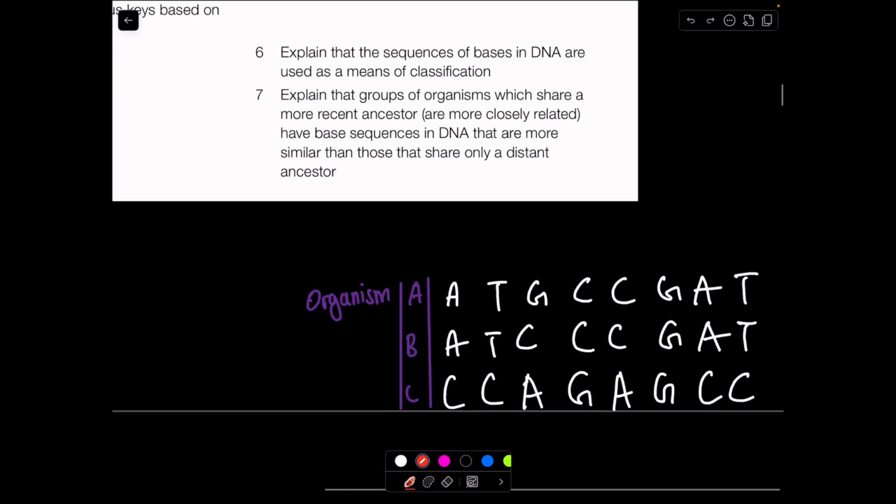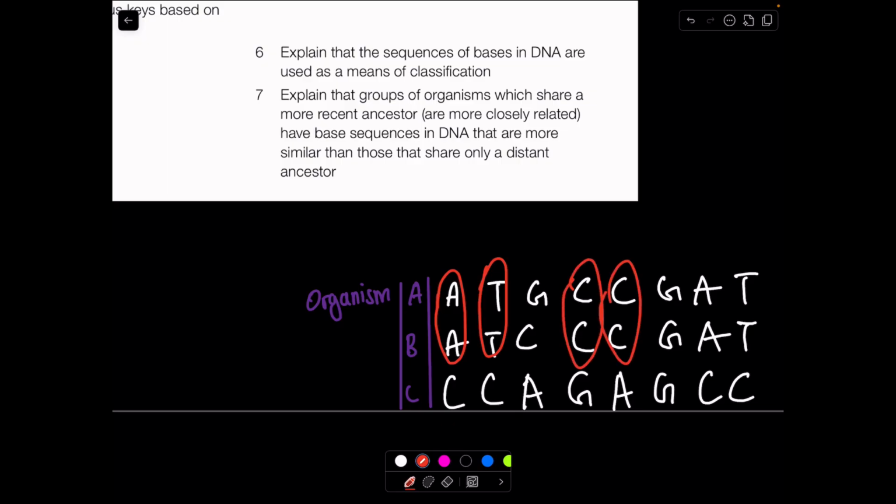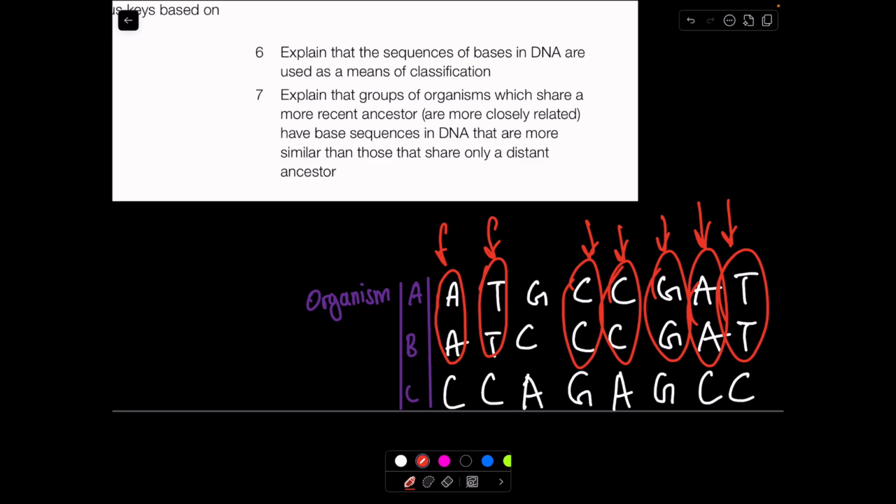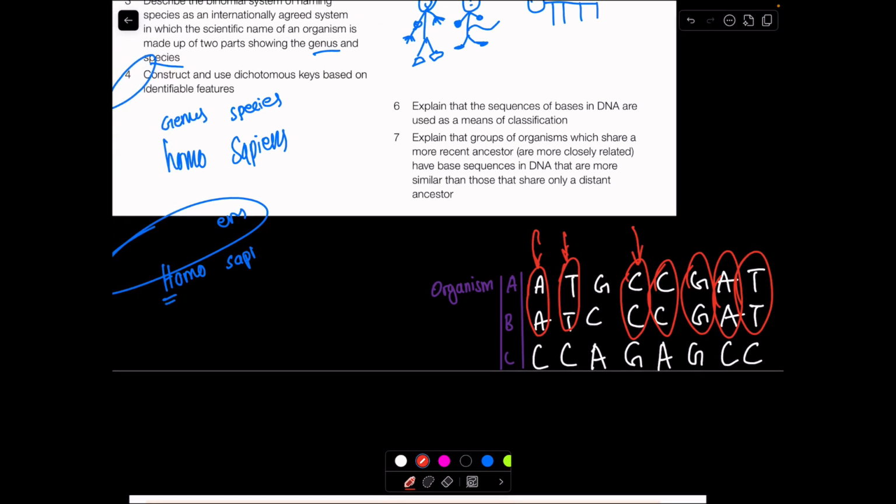So let's say we have these three organisms, A, B, and C. Now, you can see that the bases in organisms A and B overlap a lot more than they do between organisms A and C, and B and C. So the more overlapping that happens, the more recent the common ancestor is, because they have more common features, or because their sequences overlap more, okay?